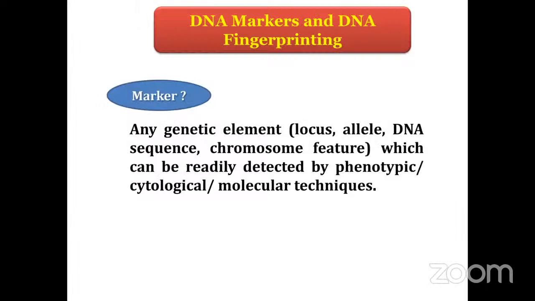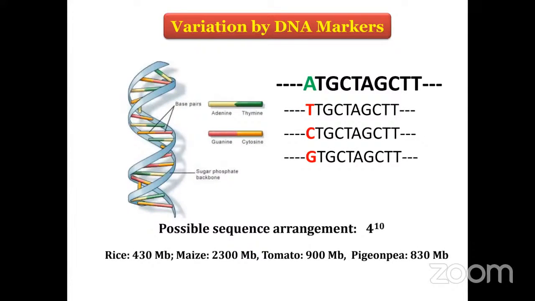Whenever we talk about variety protection, how will we know that it is distinct from the existing cultivar? For that, the DNA fingerprinting technique is the most commonly used technique, which can distinguish the variety at the DNA level by using various molecular markers. There are various molecular markers which can distinguish genotypes and cultivars based on the DNA sequence.